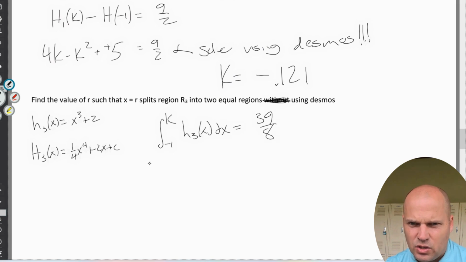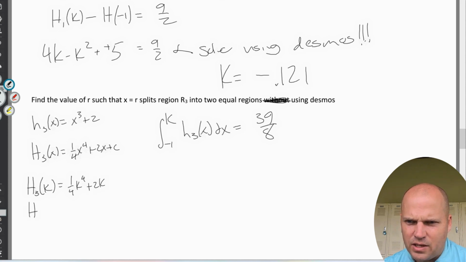Well, that means super h of k, which is 1/4 k to the fourth plus 2k, minus super h of -1, which is whatever it is, will give me 39/8. This is something I have to do without a calculator, I have to set this up.